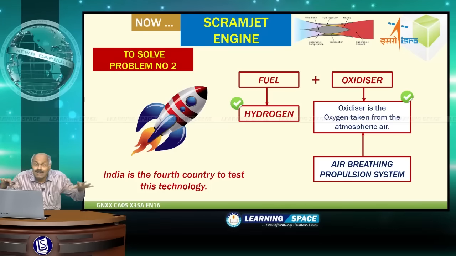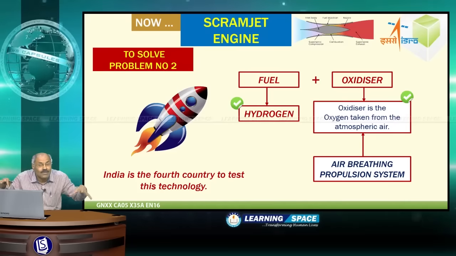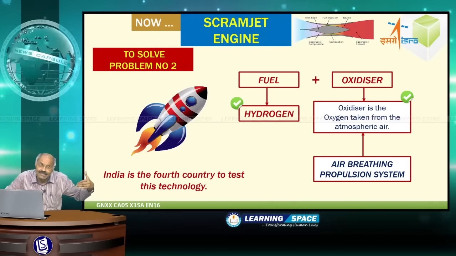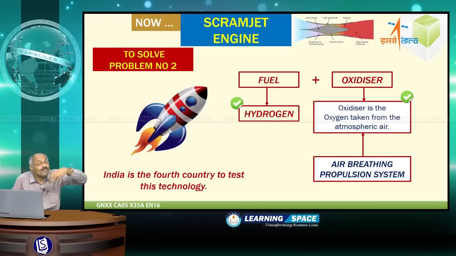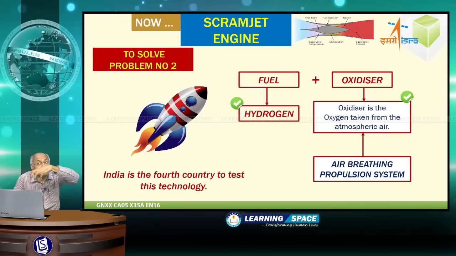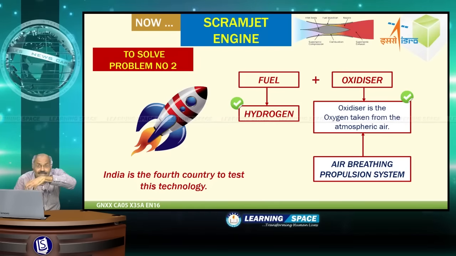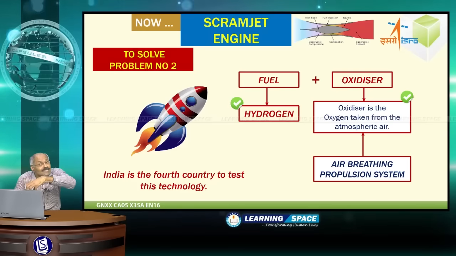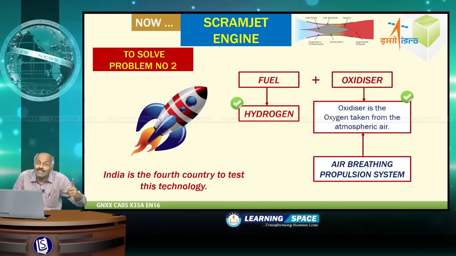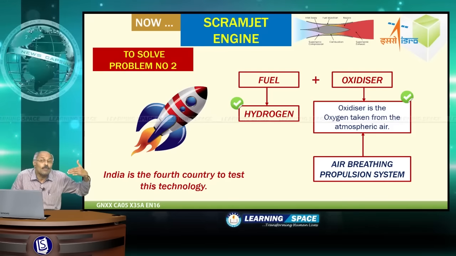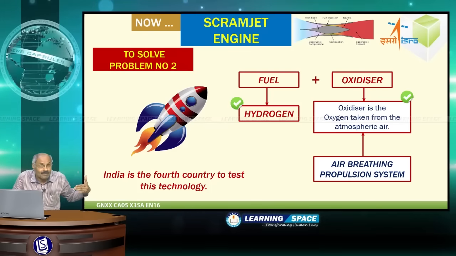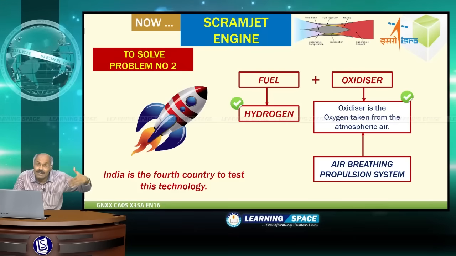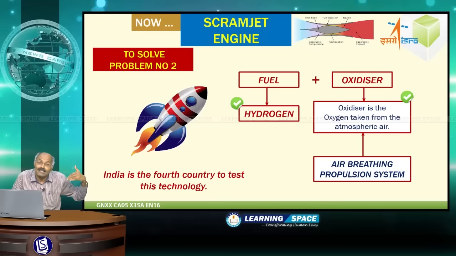So, it need not carry liquid oxygen. The oxygen in the atmospheric air will act as the oxidizer. So, here fuel will be carried, but the oxidizer, that is oxygen, will be taken from the atmospheric air in the surrounding. So, the name given to it is air breathing propulsion system. That means air is taken from the surrounding atmosphere. That's why the name given is air breathing propulsion system.